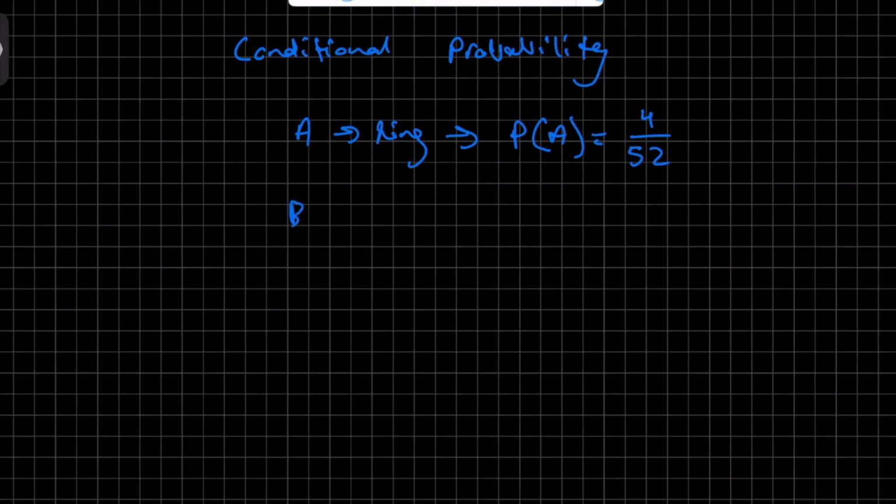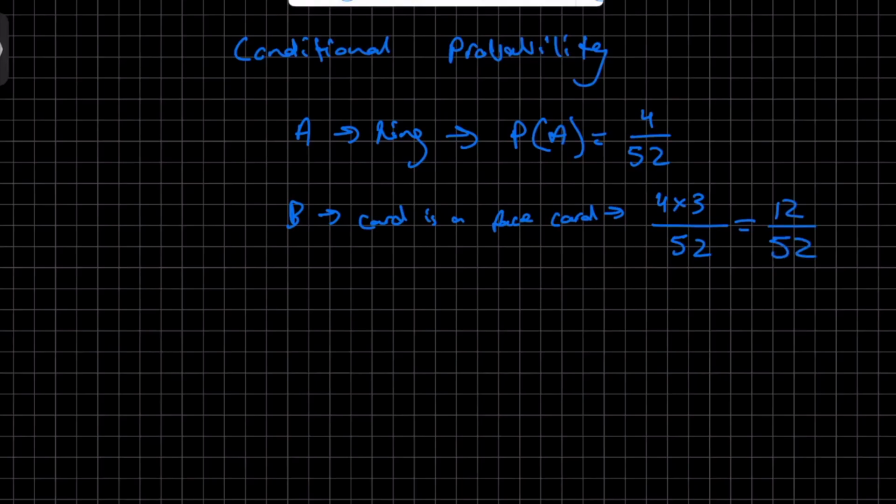If we define event B as the card being a face card, and in case you don't know, a face card is either a jack, a queen, or a king. So the probability that a card is a jack, a queen, or a king would be 4 times 3, so 4 jacks, 4 queens, 4 kings, all over the 52 cards in our deck. So this can be written as 12 over 52.